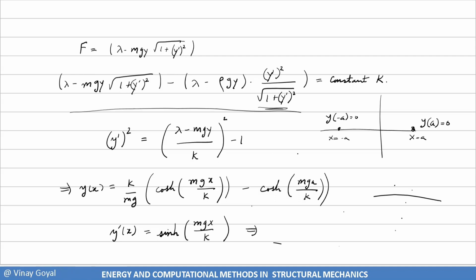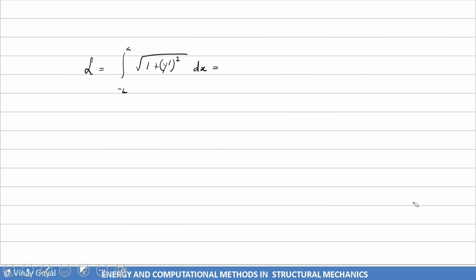And when I plug in what y' is, I get that this is 2k over mg times sinh of mga over k.